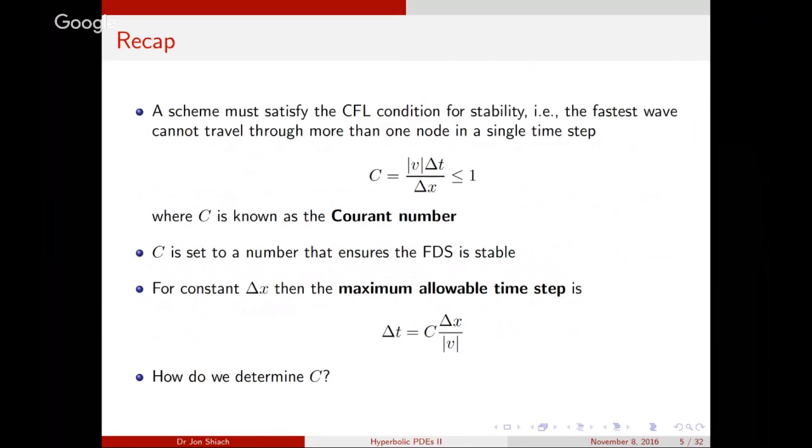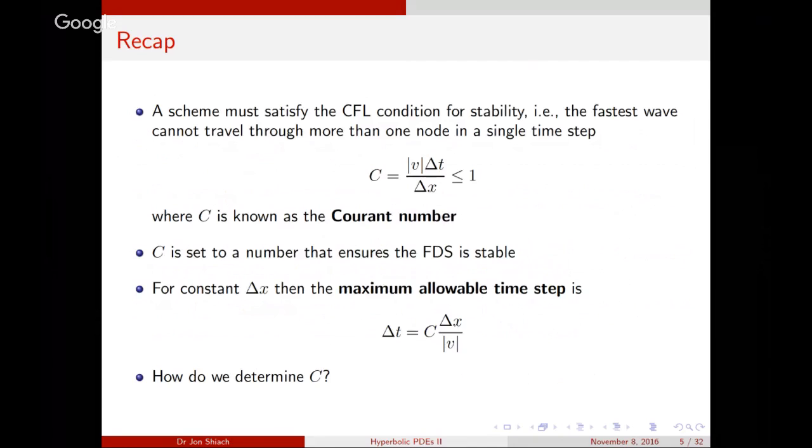So on the top, we have velocity times time. That's the distance that your concentration, or whatever you're modeling, has traveled over one time step, and we divide that distance by your spatial step. That's your distance between your finite difference nodes. If that's greater than 1, we've got a problem.